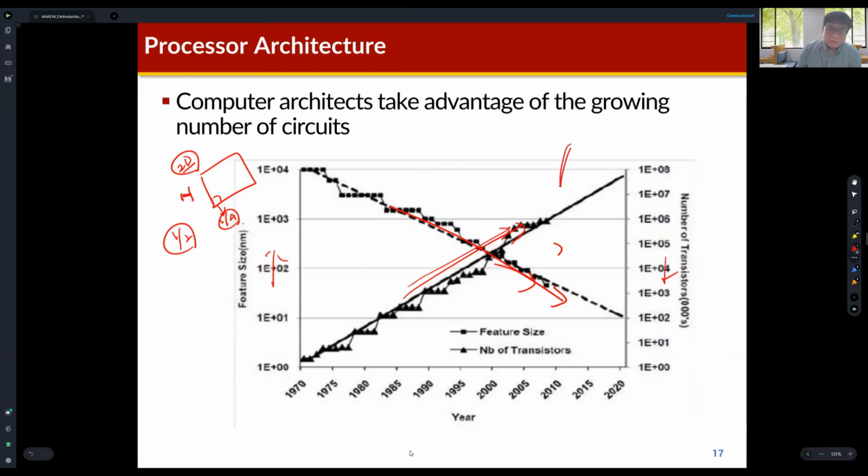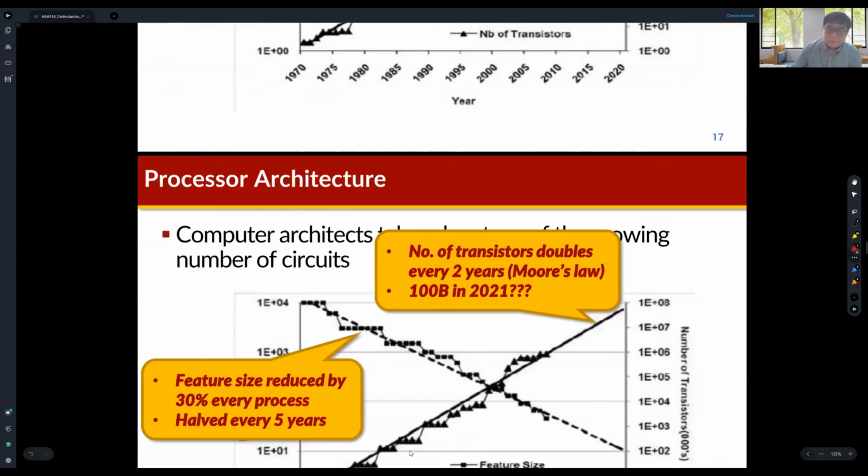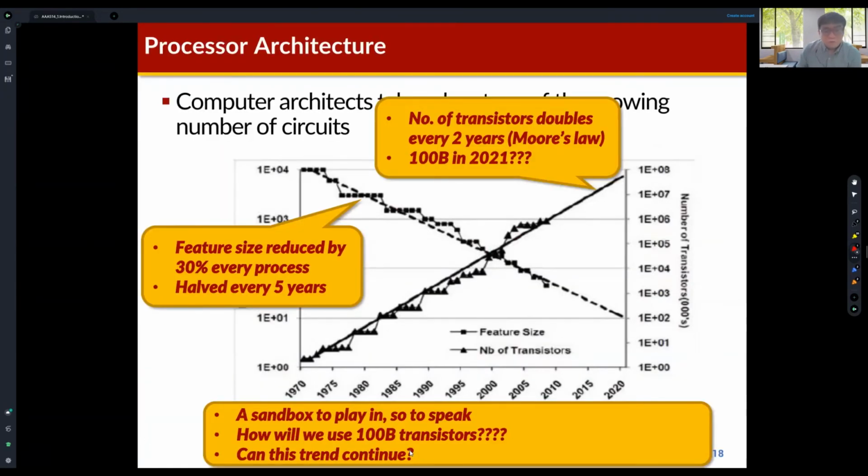So that is Moore's law, right? If Moore's law continues, then we can include much more transistors in a single chip.